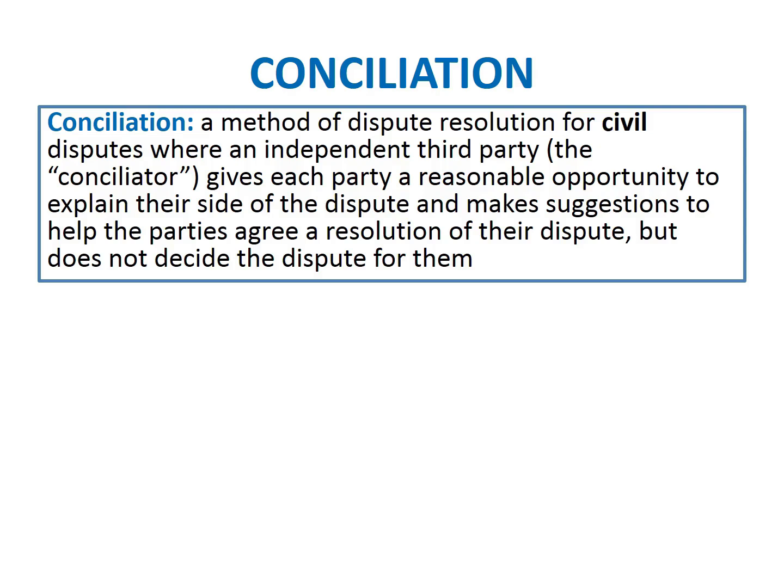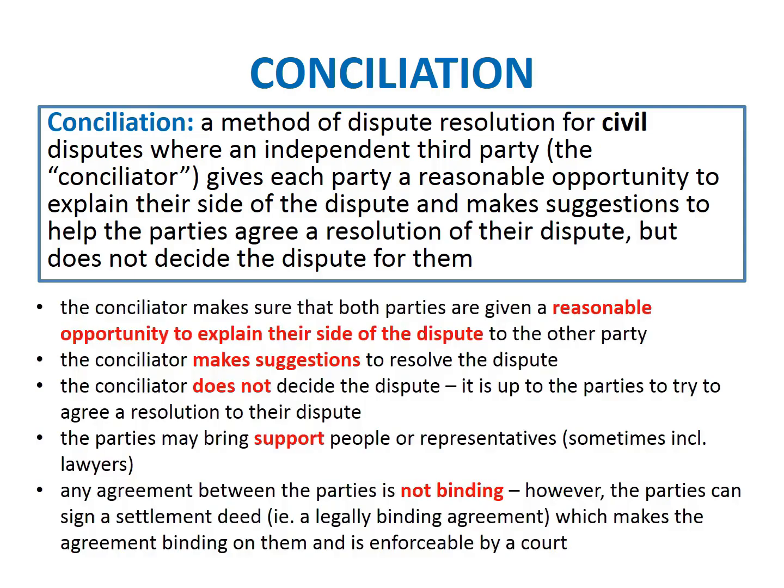There are 5 points to note about conciliation. First, similarly with a mediation, the role of the conciliator is to make sure that both parties are given a reasonable opportunity to explain their side of the dispute to the other party. Second, unlike in a mediation, the conciliator makes suggestions to assist the parties to resolve their dispute.